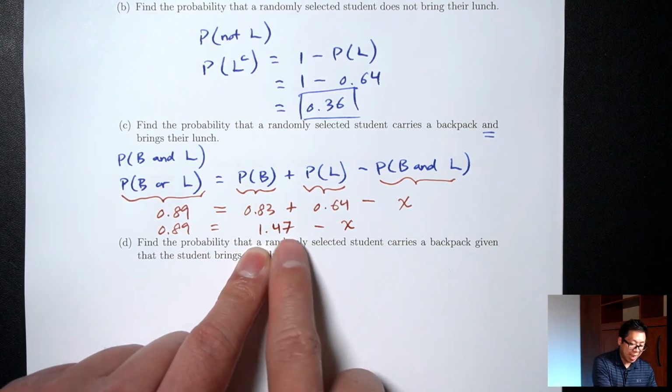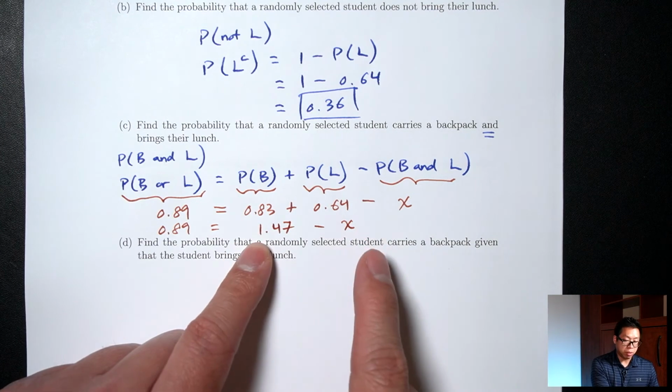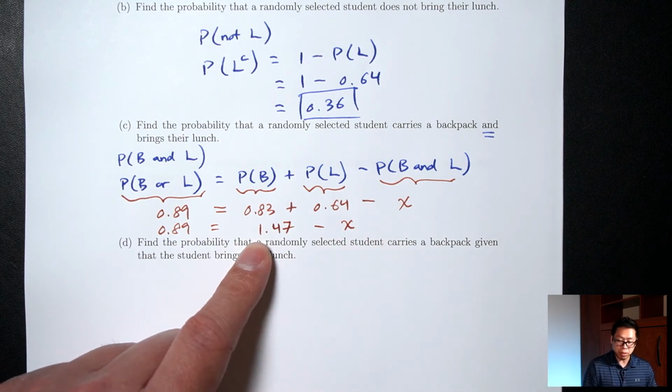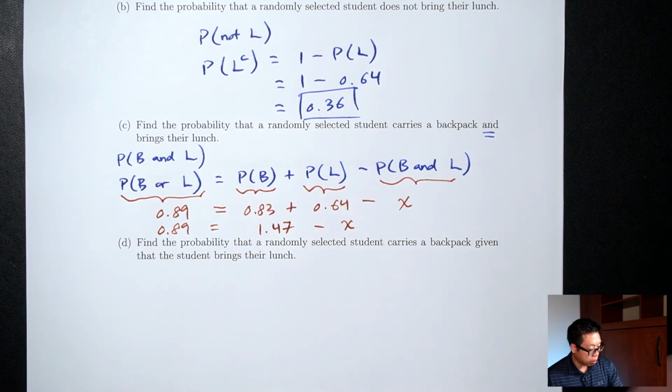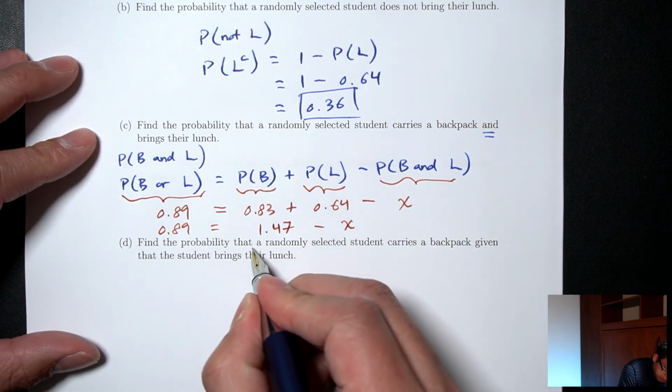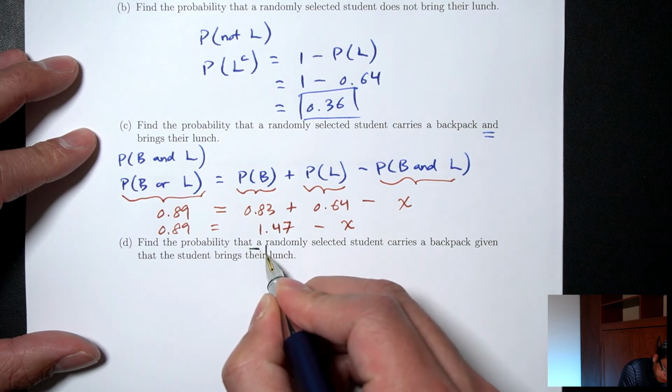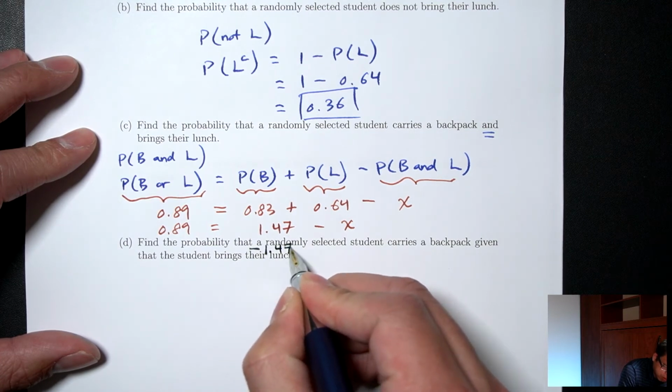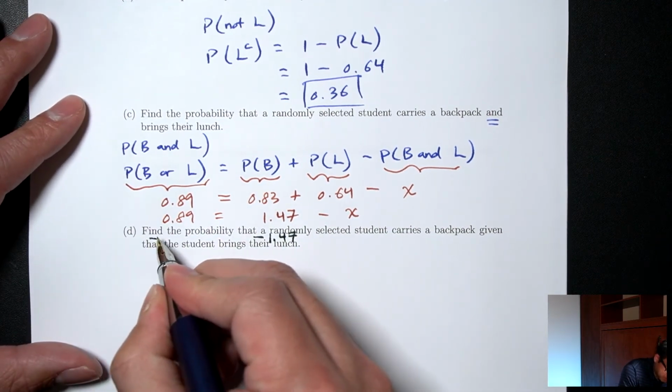Right now, it's being added to the minus X. So to undo an addition, you're going to do the opposite, which is subtract. So subtract 1.47 from both sides. So minus 1.47, minus 1.47.